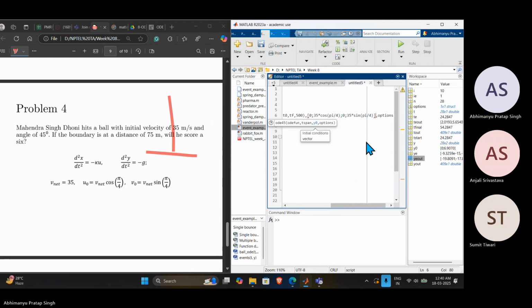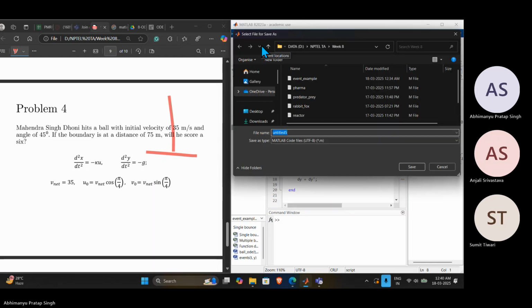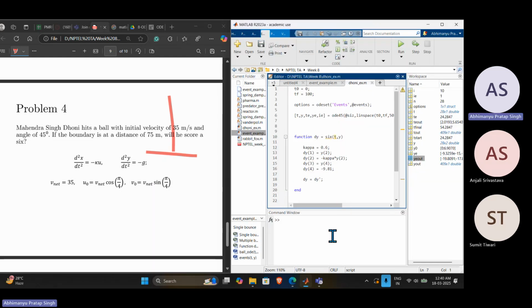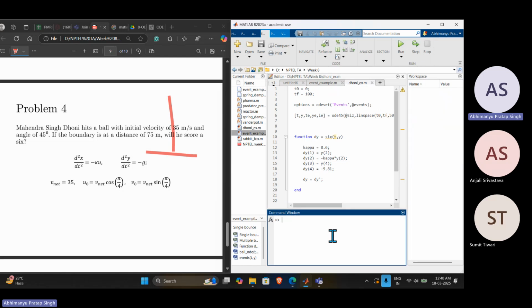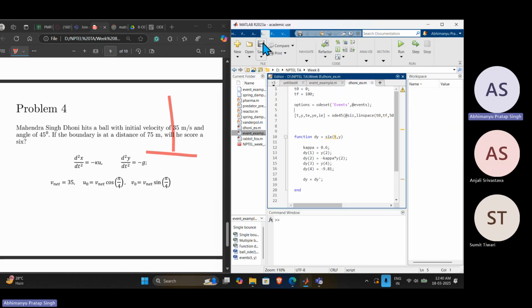And I'm giving options as the event function. Hopefully this should work. Just run this.